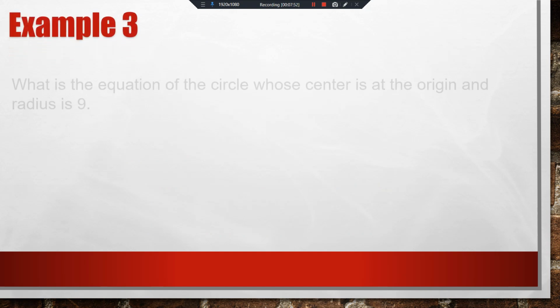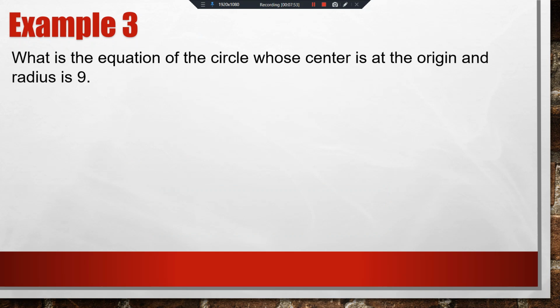Another example that we have here is: what is the equation of the circle whose center is at the origin and a radius which is 9? As you can see, based on the given, the center is at the origin. So since the center is in the origin, we're going to use this equation.